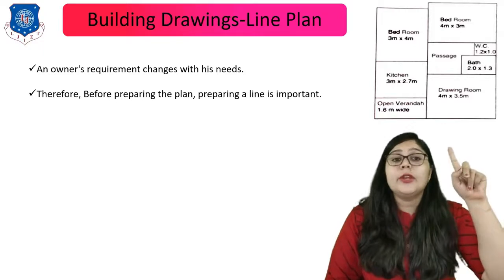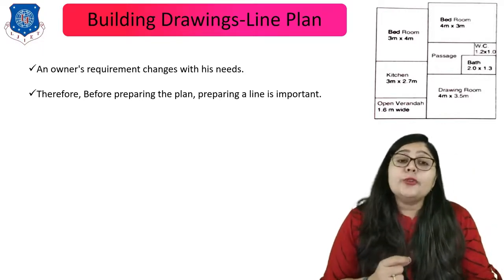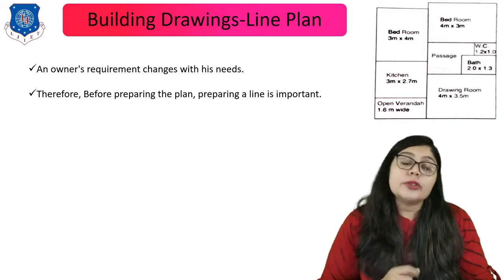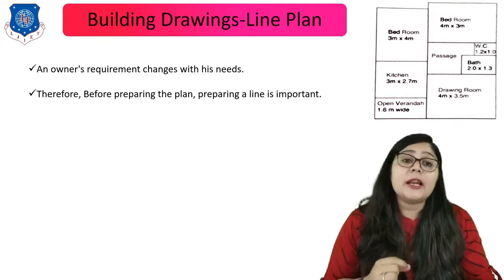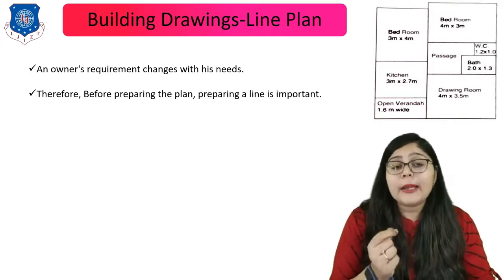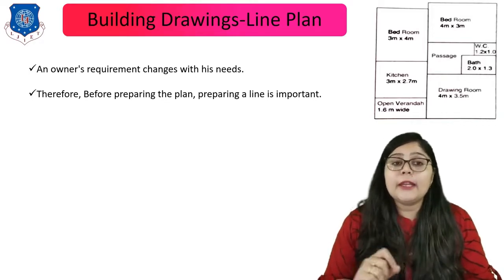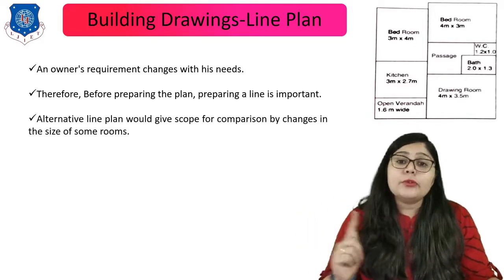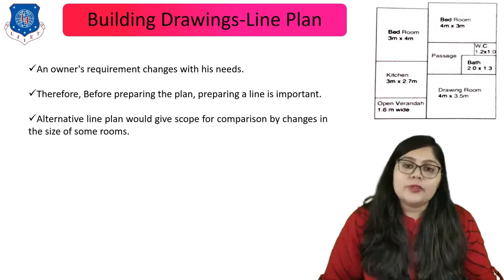Here on screen you can see the line plan, where the size of room and purpose of room is decided, not the doors and windows arrangement or the thickness of wall. Simply we are trying to put the size of room and the purpose of room firstly. Then we can modify it as per the requirement, right? An alternative line plan would give scope for comparison by changes in the sizes of some rooms, right?